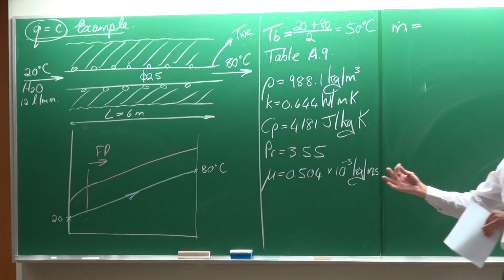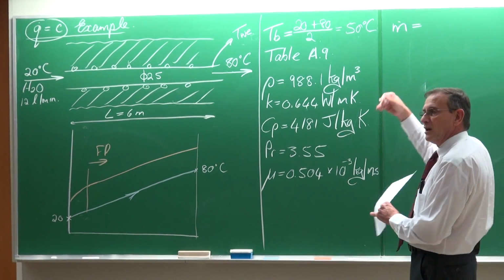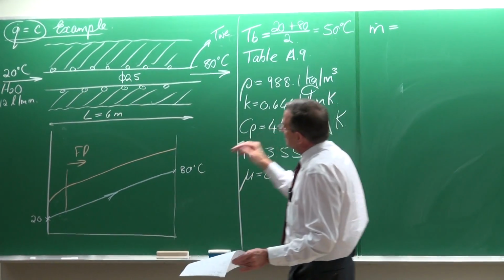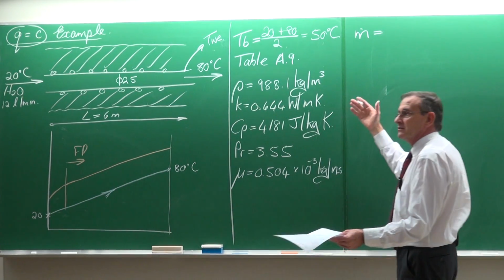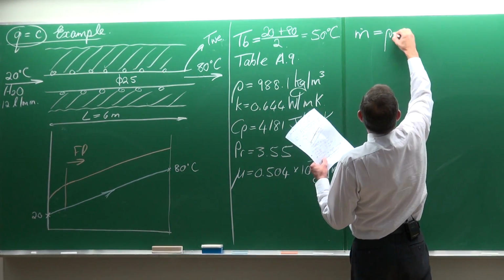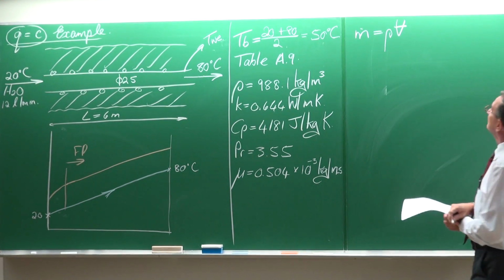Normally, after you've done many of these examples, you will just immediately know that there are things which are more important than others. In this case, the volume flow rate has been given. It's not always handy to get the mass flow rate. So the mass flow rate is equal to the density multiplied by the volume flow rate.